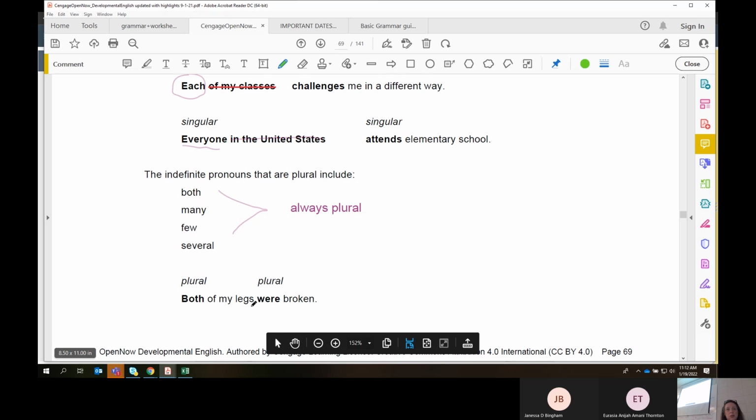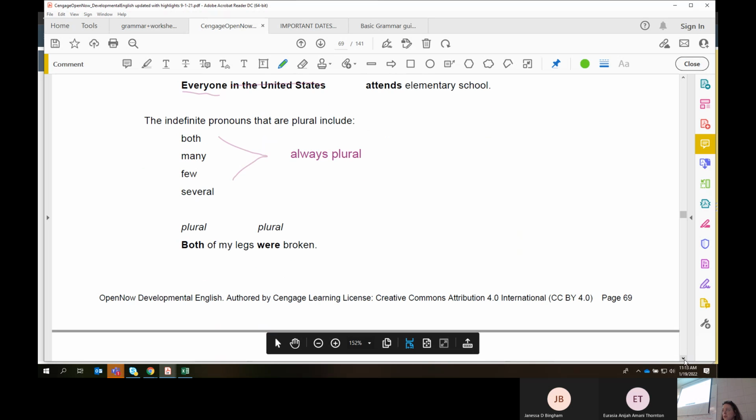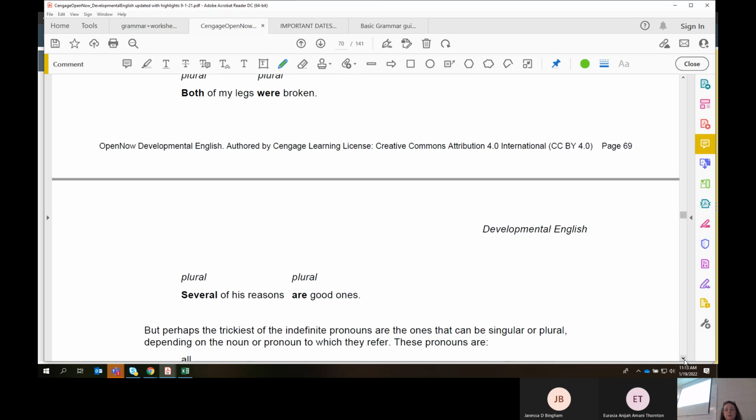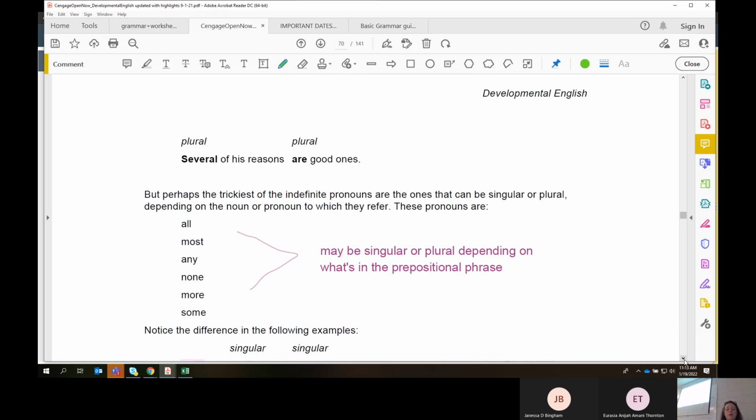This can't be the subject because it's in a prepositional phrase. And both is always plural. And I made a promise to Kat that if your subject was plural any kind of way, you cannot have an S on the verb. If I go too fast, tell me. All right. Now write these down right here or type them, whatever you're doing.